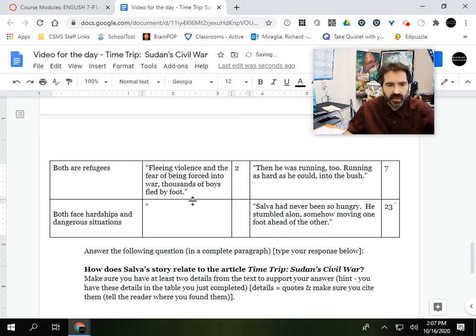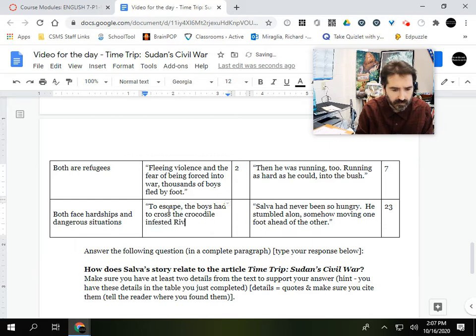Now we just need to find a quote from the story. There's a lot of different things there. We could write, "To escape, boys had to cross," this was the crocodile-infested river, the Gilo.